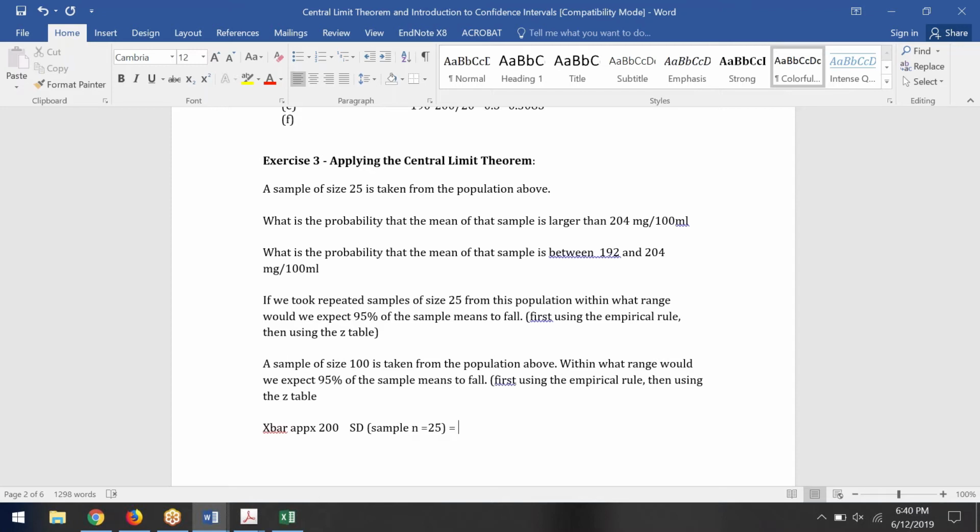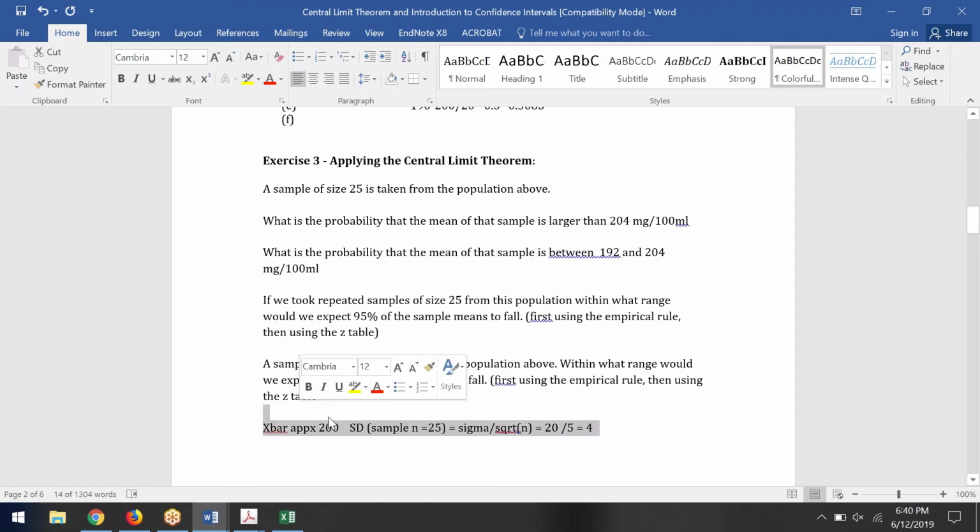It's going to be equal to sigma, 20, the population standard deviation, divided by the square root of the sample size. Let's calculate that: 20 divided by the square root of 25, which is 5, so the standard deviation for the repeated samples is going to be equal to 4. So our standard deviation for our sample distribution is 4, with an expected mean of somewhere around 200, right?